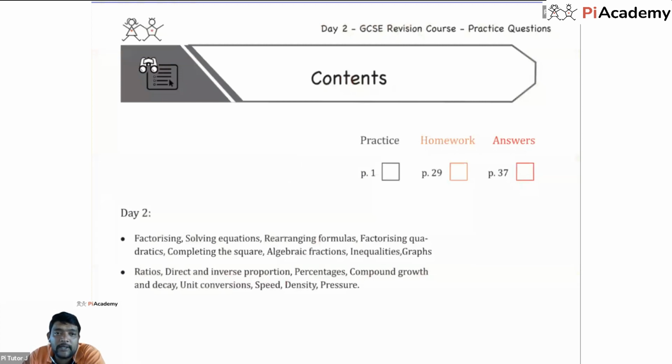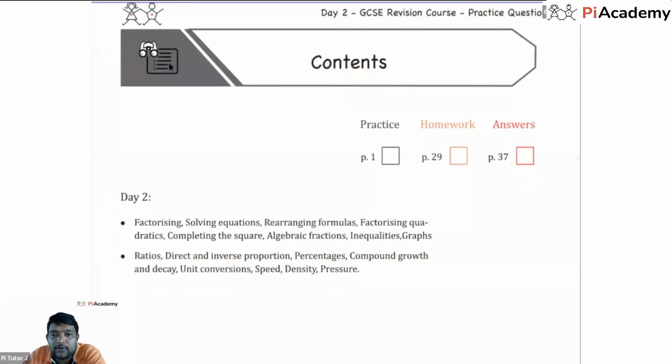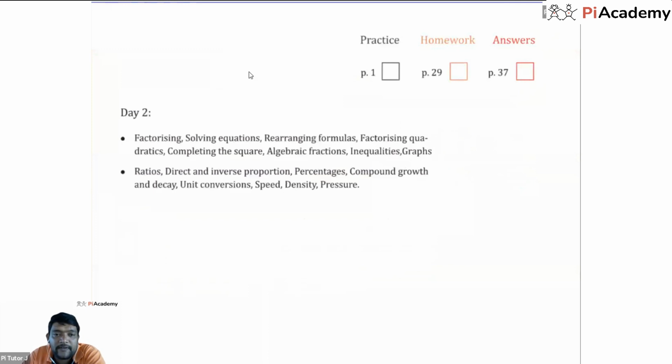So for today, what we're going to do is a very exciting topic. In the GCSE exam, around 30% of the paper will be to do with algebra. We're going to do factorizing, solving equations, rearranging formulas, factorizing quadratics, completing the squares, algebraic fractions, inequalities, graphs.